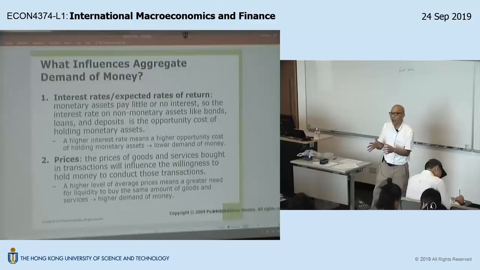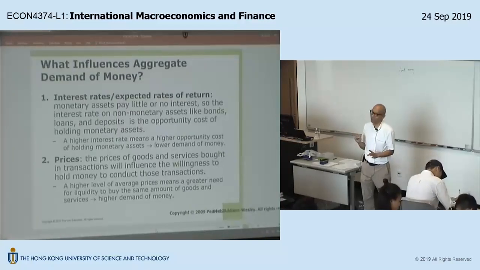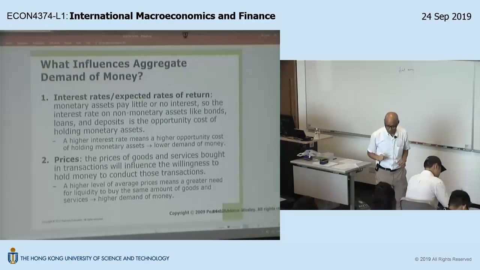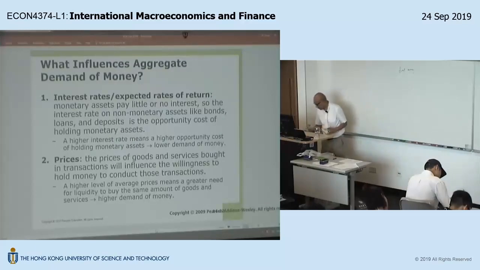But once you have decided that you want to save, then when you choose among the different assets, you only need to worry about the nominal, because all assets are subject to the same inflation rate, right? Okay, see what I'm saying?